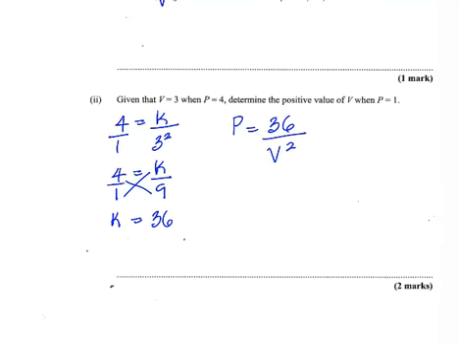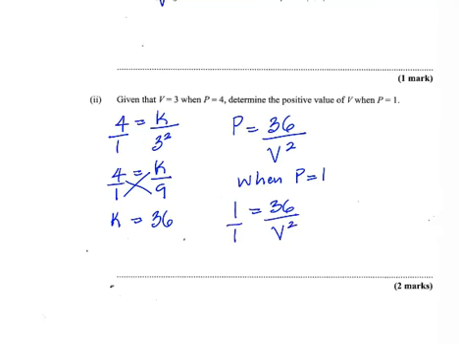Alright, so next, now I can use this information to determine the value of V when P is 1. So when P is equal to 1, I'm going to have 1 is equal to 36 over V squared.